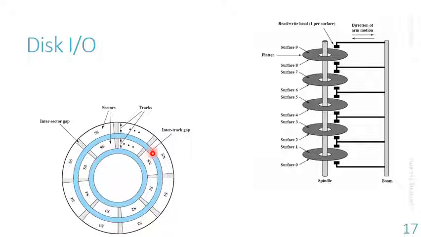One of your colleagues, more than one of your colleagues, said that because these are mechanical devices, when I want to read a block of data from here, I need to move the head and make the disk rotate and move the head to the exact beginning, right?